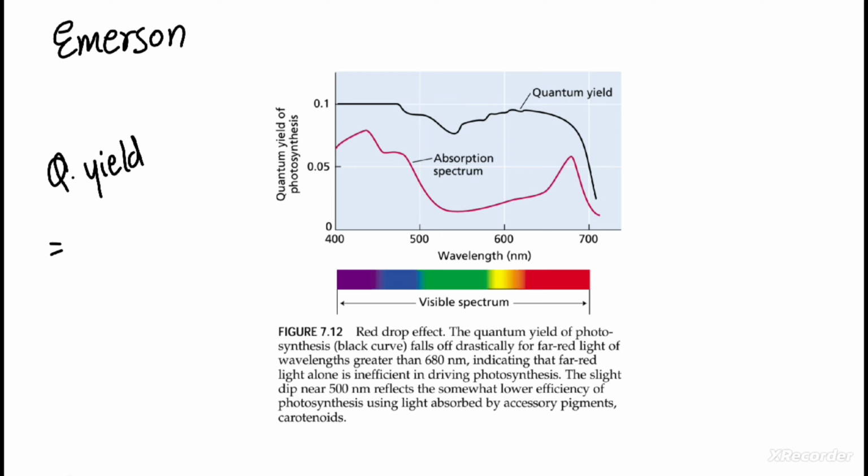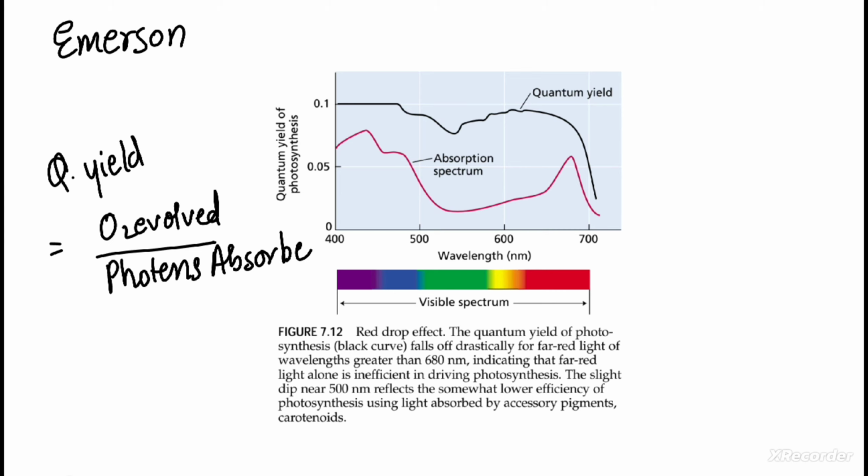So it is the count of oxygen evolved per photons absorbed. Okay, so what he observed was that after somewhere around 680 nanometer, there was a drastic fall in the graph.